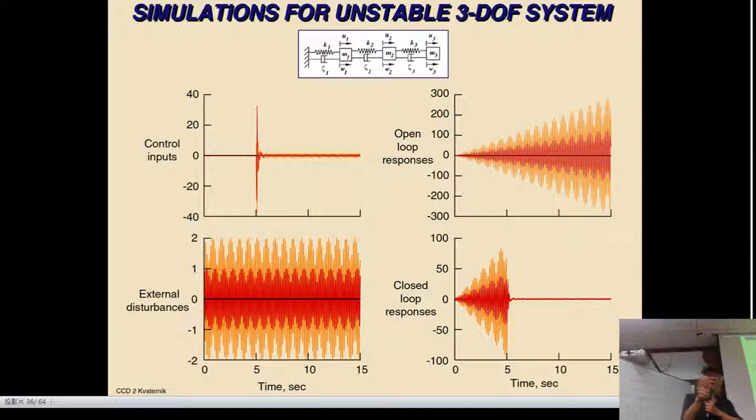So from 0 to 5 seconds, that's what we call the data acquisition time for system ID. Data acquisition means that's the time we are taking data, the input data and output data. And after 5 seconds, because the computer already computed the control force, the alpha C and beta C, that's the time for us to turn on the controller, and then your system response jumps.